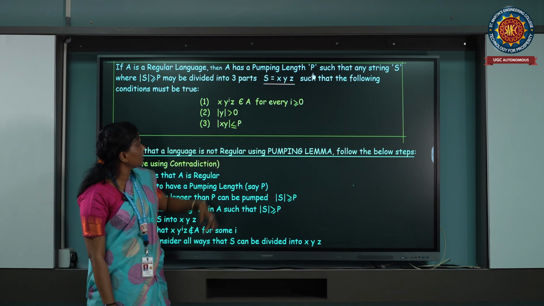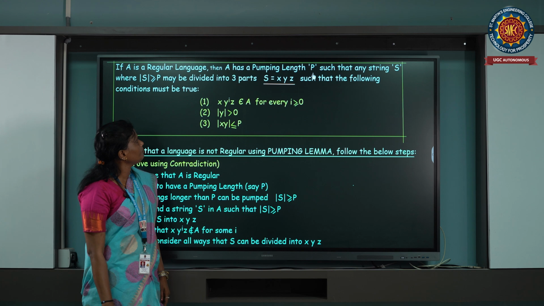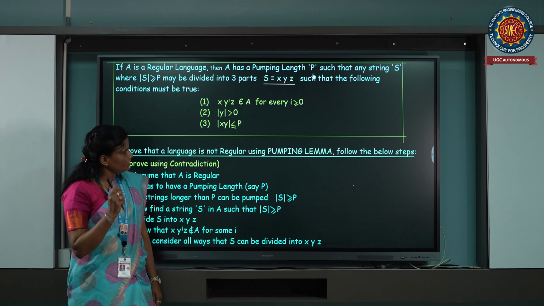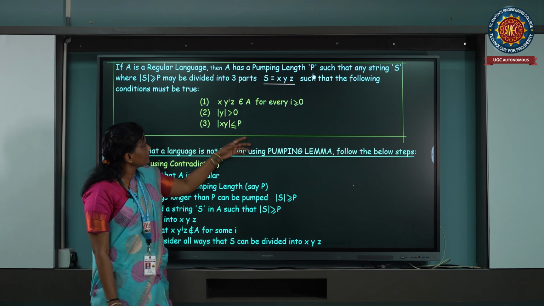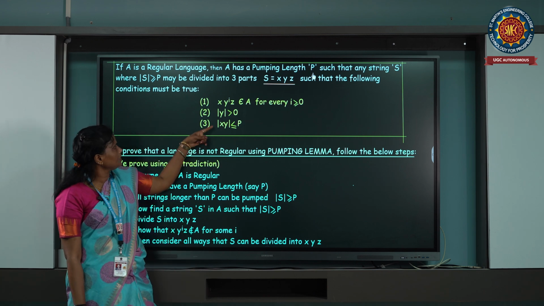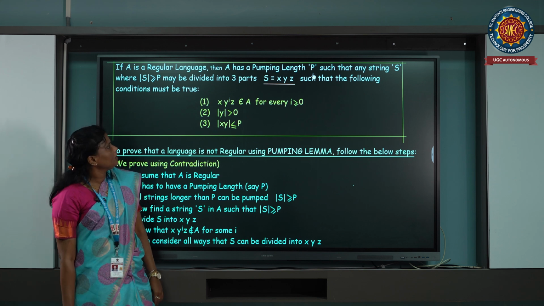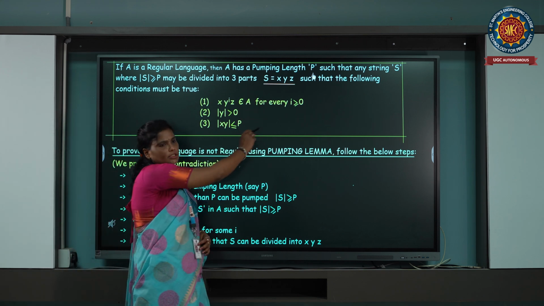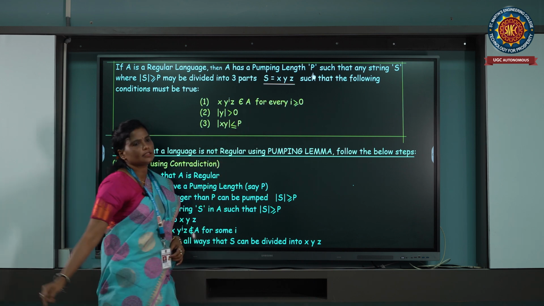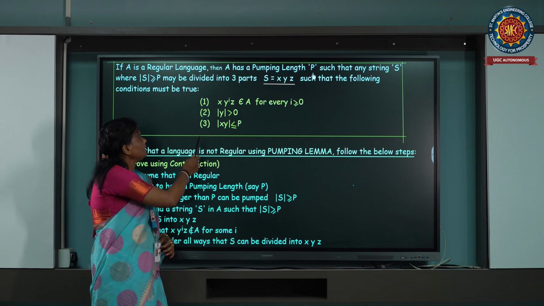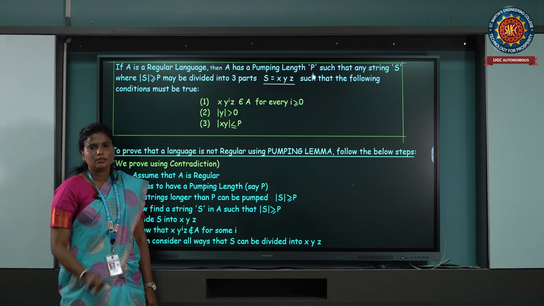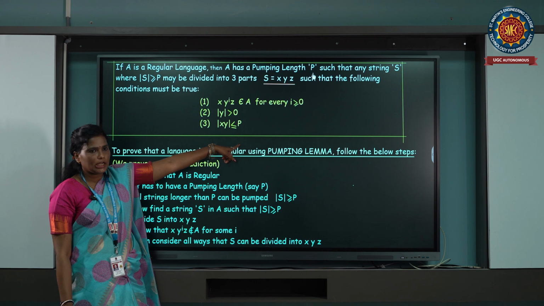The 3 conditions are: first, x y to the power i z belongs to A, where A is the language we have taken, for every i greater than or equal to 0. The second condition is that the length of y, whatever the parts we divided the string into, is greater than 0. The third condition is that the length of xy is less than or equal to p, the pumping length.